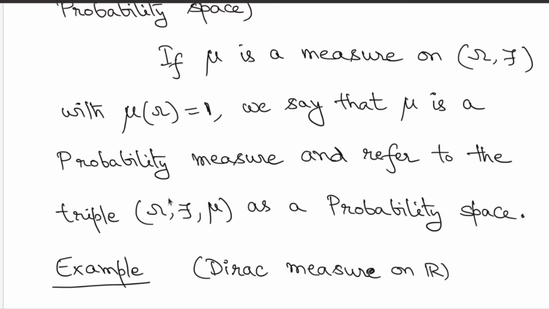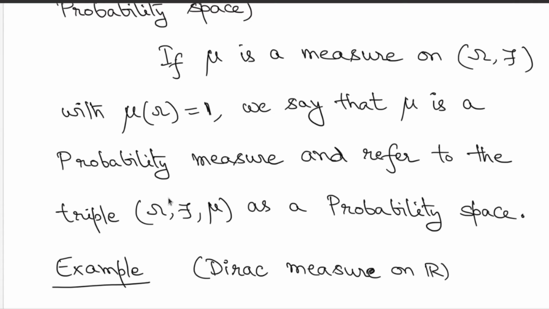So again, if mu is a measure with mu of omega equal to 1, then we call it a probability measure, look at the corresponding triple, and refer to it as a probability space.